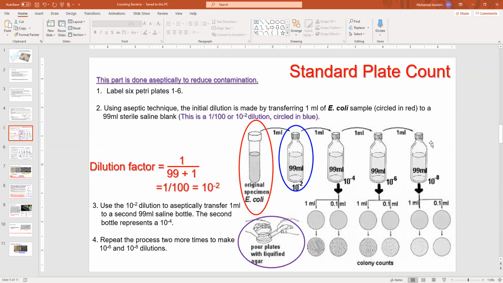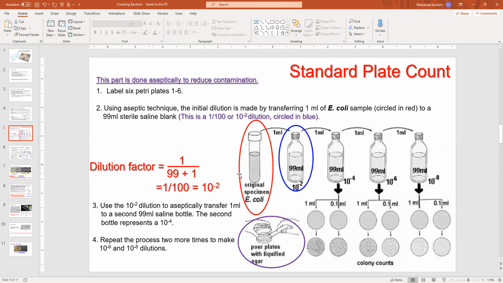In this figure here, we take the culture and transfer 1 ml from the culture to a bottle, as you can see, with 99 ml of buffer or saline solution. Now what I need you to know is the dilution factor here.